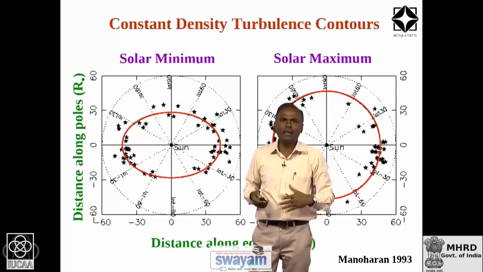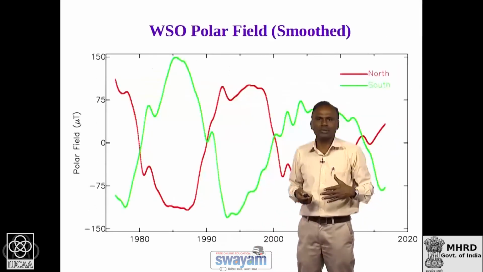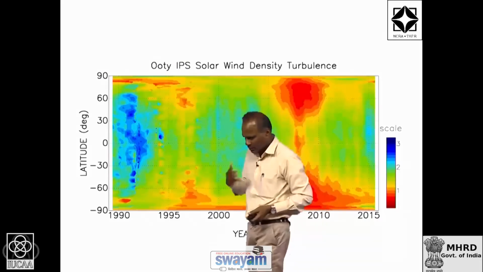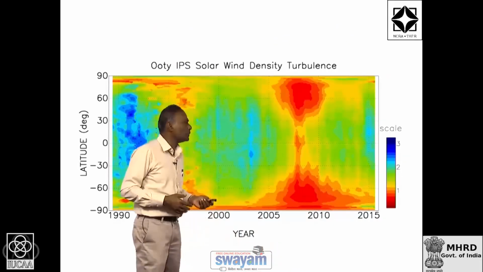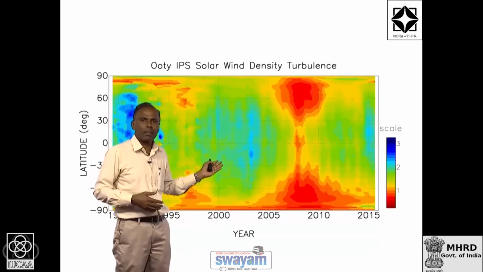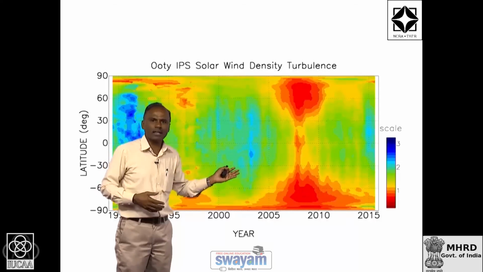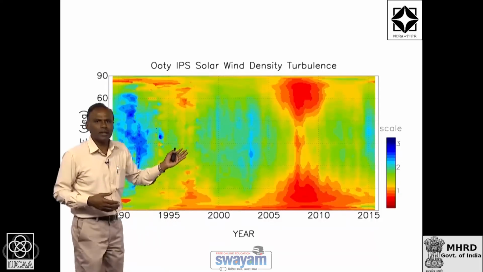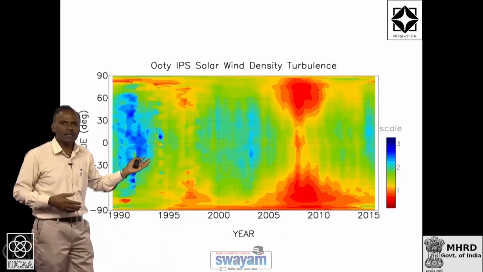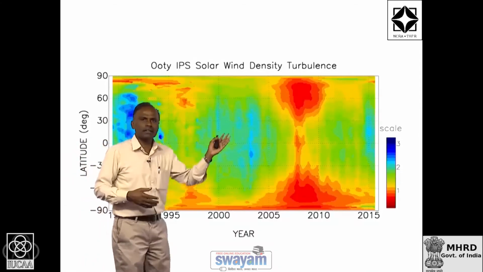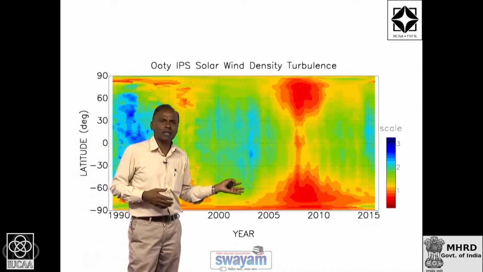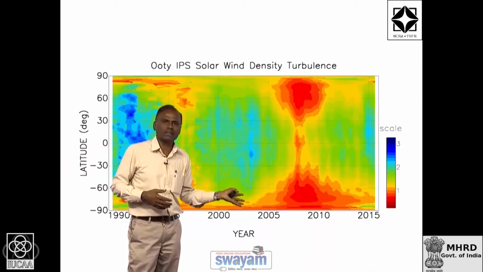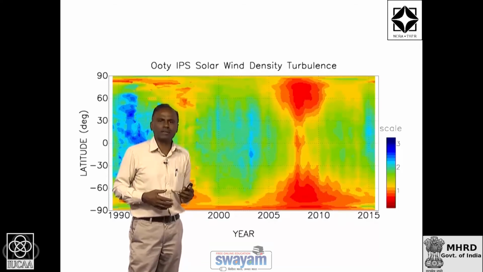So, in this period, so how the solar wind density varies. If you see this shows for something like 1988 to 2015, the density turbulence as a function of heliographic latitude minus 90 degree to plus 90 degree.